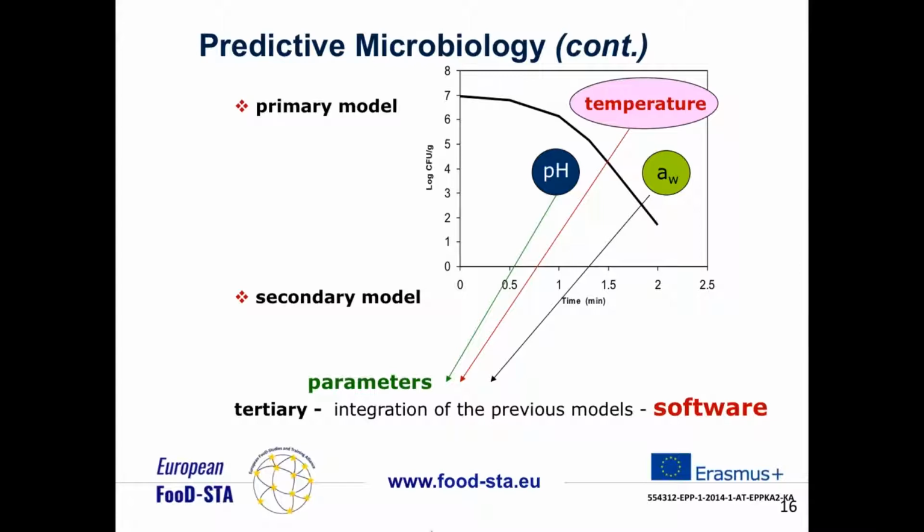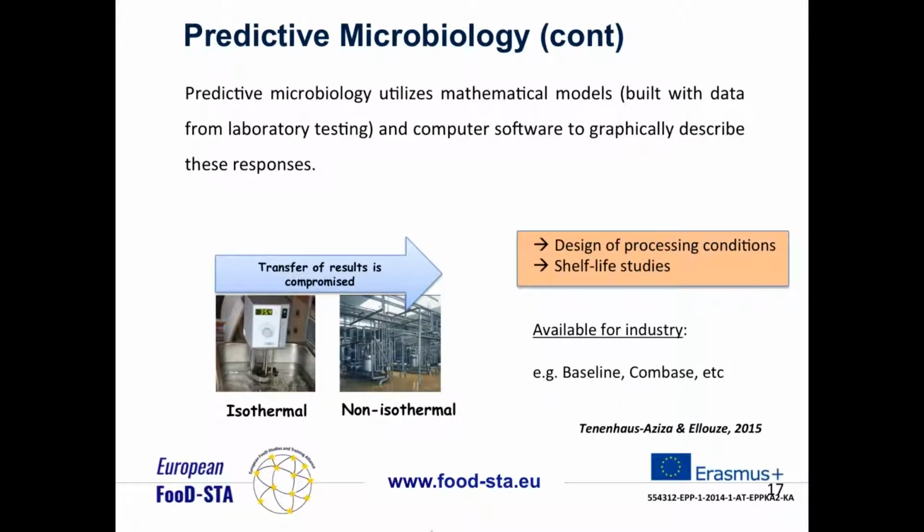And there is software available to predict, for some cases, the safety of a given food product or group of food products. Usually this software, existing in the databases, considers isothermal conditions. I mean, for example, for temperature, they consider that the temperature is constant for a long time.